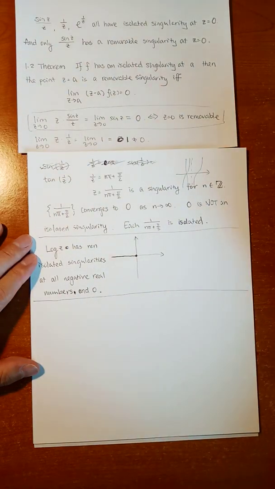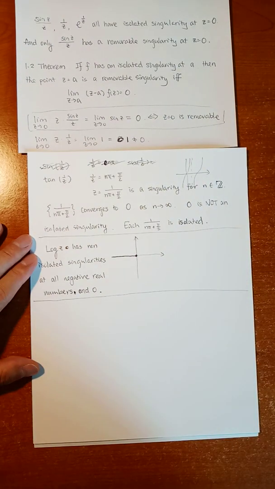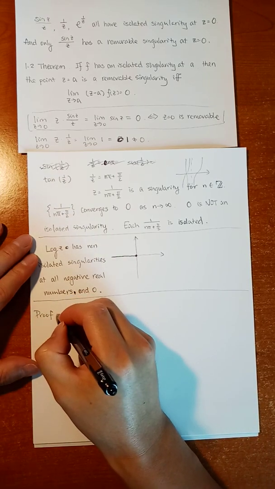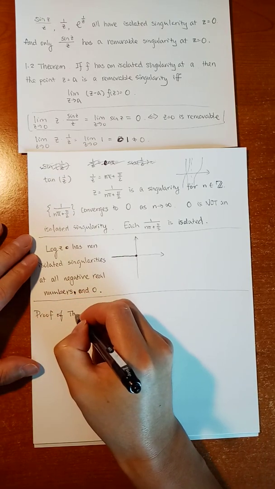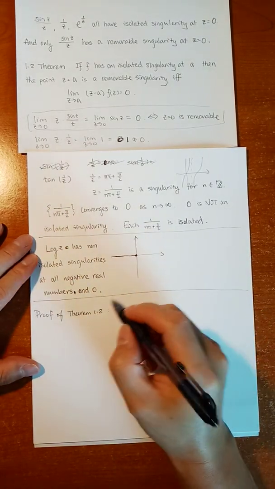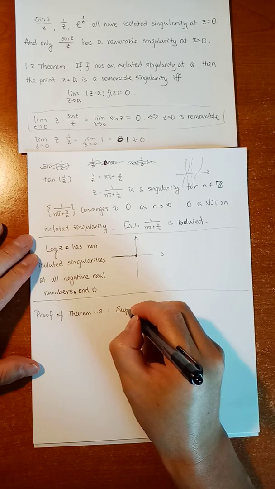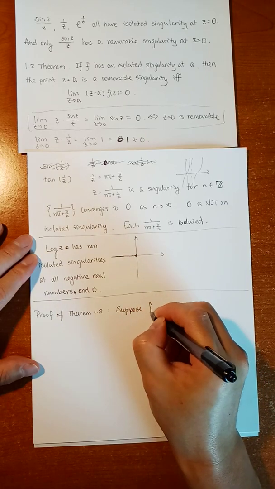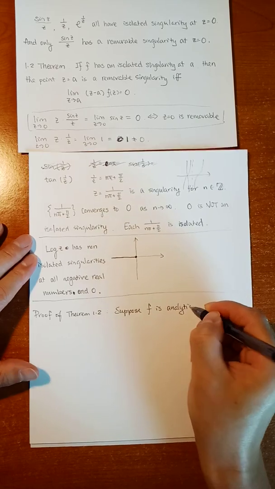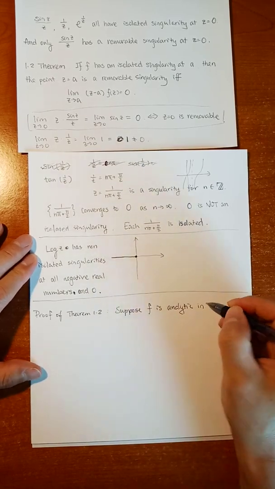Now let's prove 1.2. The proof. Suppose f is analytic in this punctured open disk.